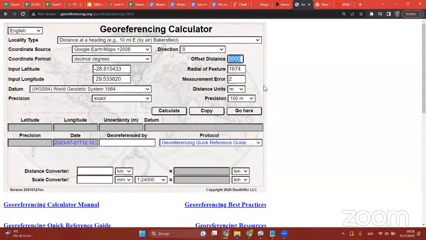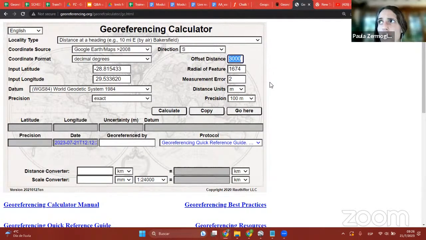All right. The same concept applies if the actual point is somewhere very far in the ocean. In the ocean, you will usually have coordinates because you don't have towns in the ocean.